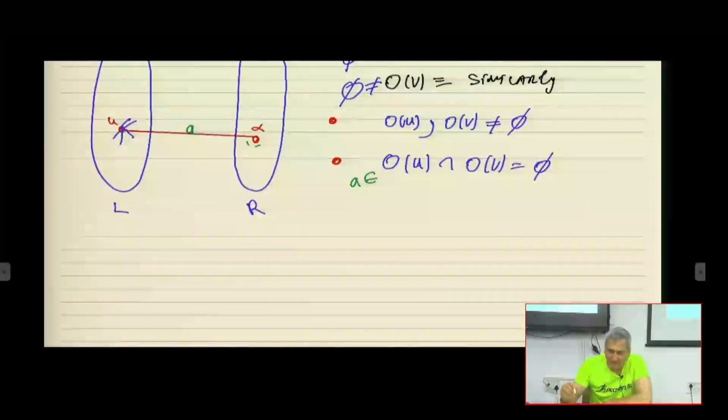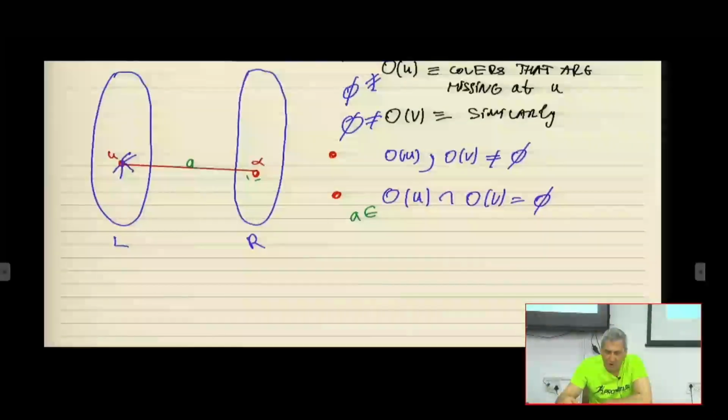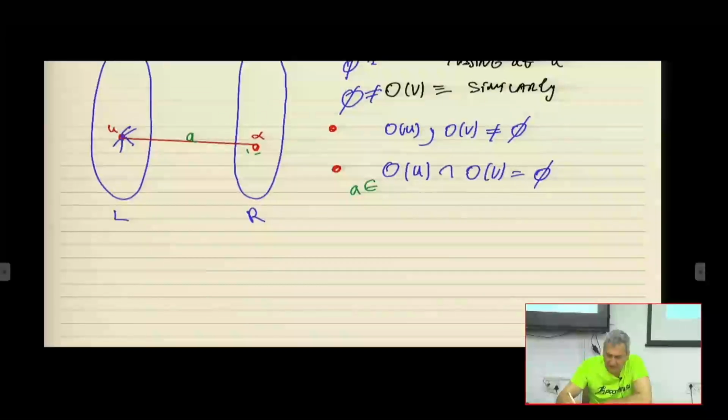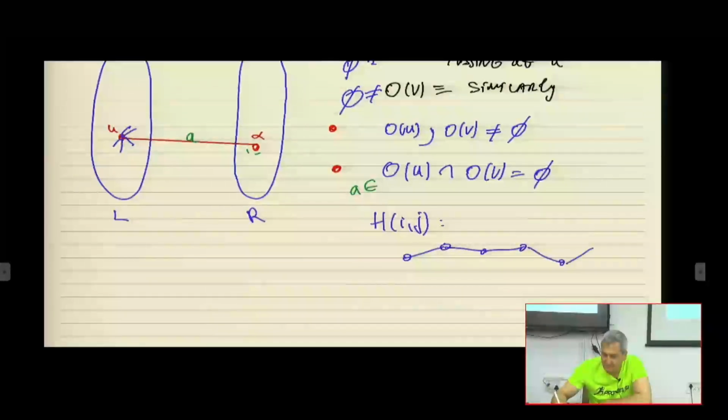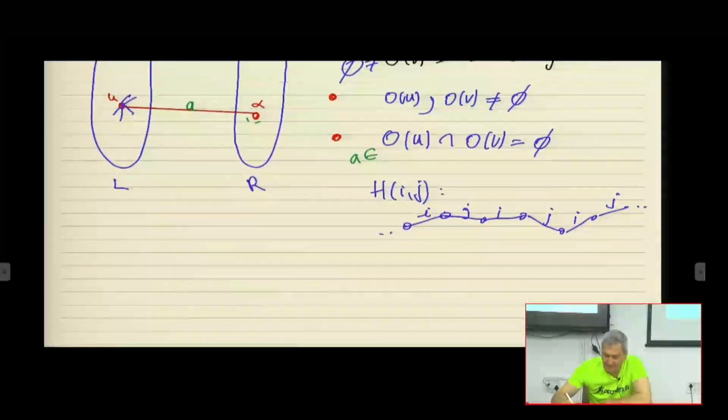Now, second important thing to notice, we denote this notation H_ij. In the graph G, we look at all edges colored with I and J, and we can observe that these graphs look like this. Maybe some paths alternating I, J, and so on. This is the first option, just a path.